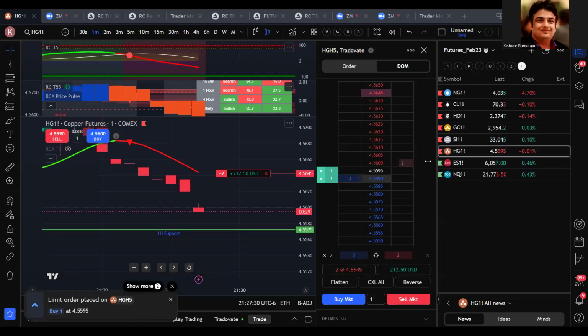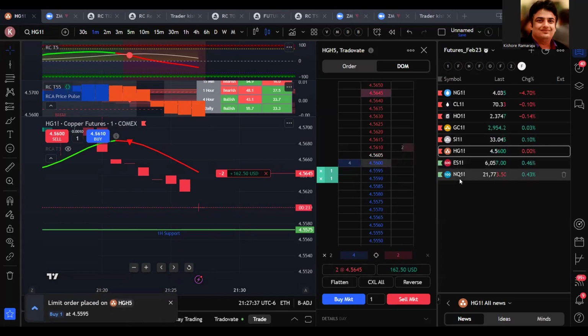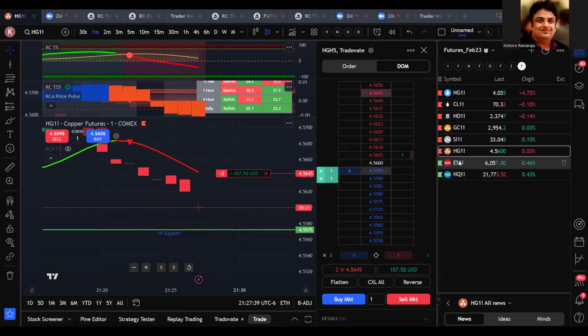Yeah, for ES and NQ, because it went all the way to the top, I got a sell. I took it, but yeah, it is a little against the trend. If you don't want to go against the trend, that's okay. But for everything else, we know crude oil is bearish, copper is bearish, silver is bearish. So whenever we got a sell signal, we took a short.